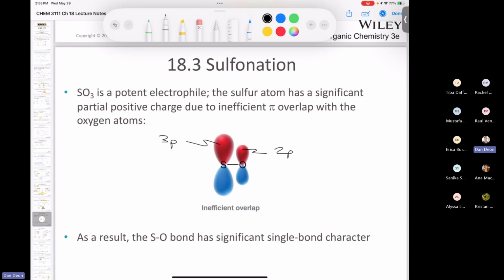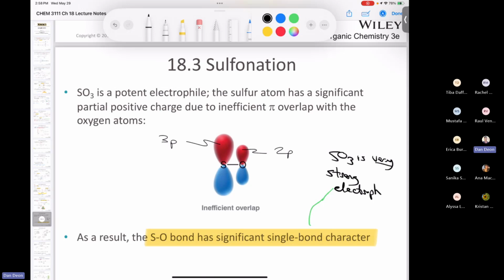And therefore, the sulfur-oxygen bond has significant single bond character. Again, the consequence of this is that sulfur trioxide is nothing more than a very powerful electrophile. So let's conclude here. So we'll put SO3 is a very strong electrophile.